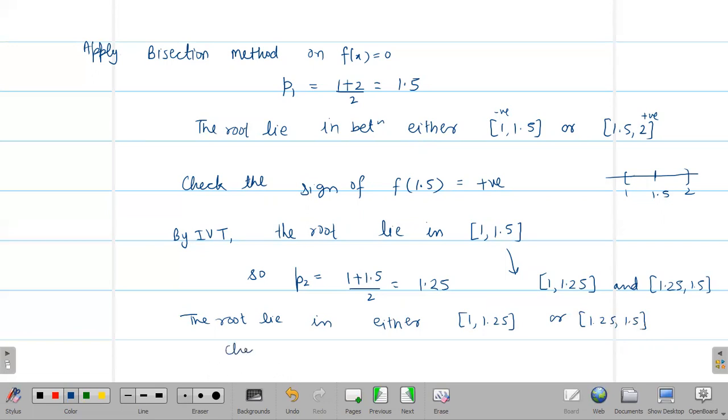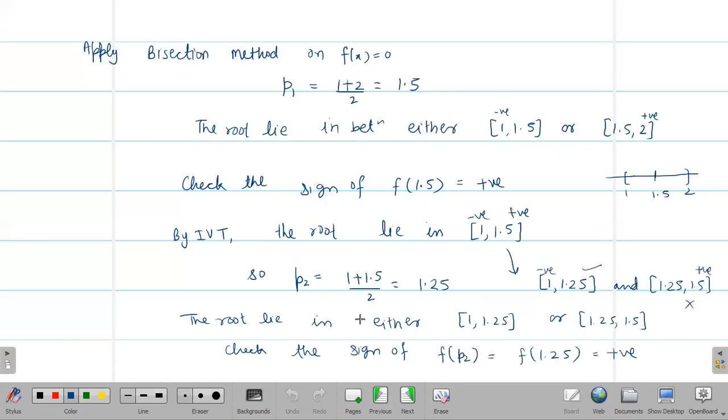So check that sign will decide, obviously, the sign of f at P2. F at 1.25 will be positive. So here you are getting negative and it is positive here. So you leave this interval, you take this interval. So 1 and 1.25.